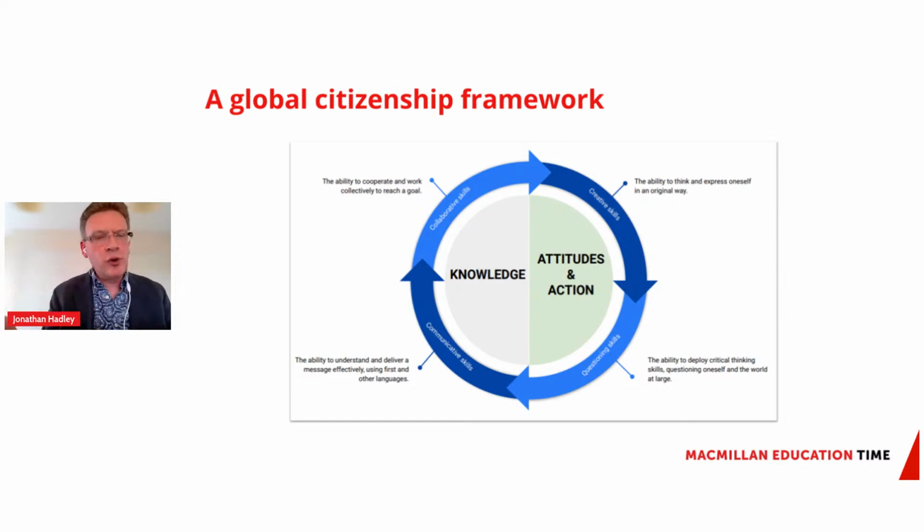So encouraging group work, pair work, in projects working together. On the top right, you'll notice creative skills. And I'm not thinking here just in terms of art, music, or dance, although those can be usefully employed as well. But as I've written, the ability to think and express oneself in an original way. So I'm thinking here of creativity as in innovation.